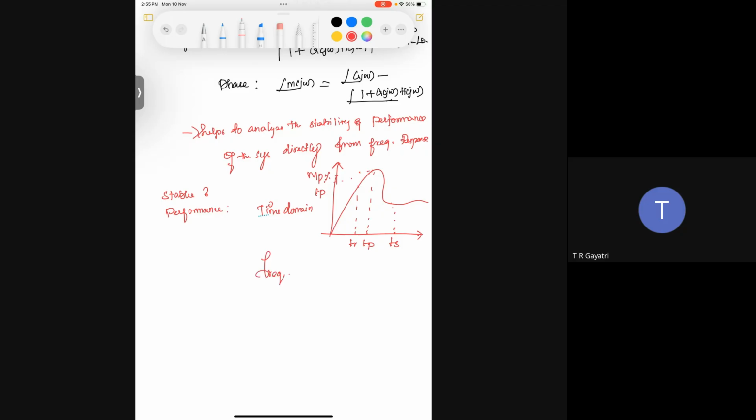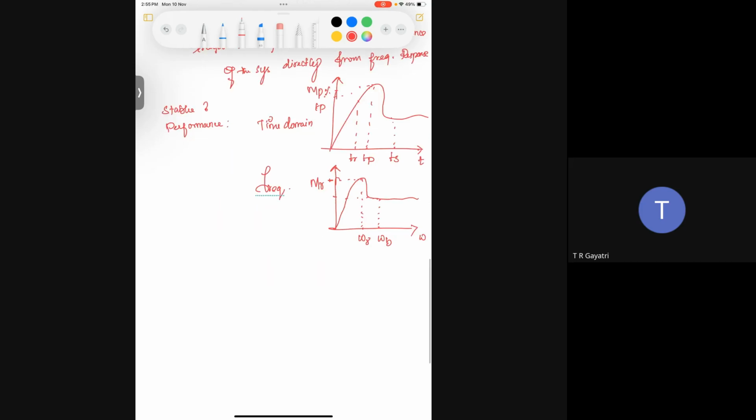For the frequency domain, we have a similar thing, which we call the resonant peak, and we call this the resonant frequency, where here it is time, here it is frequency. And we have bandwidth, where the frequency at which bandwidth is happening is this omega b.